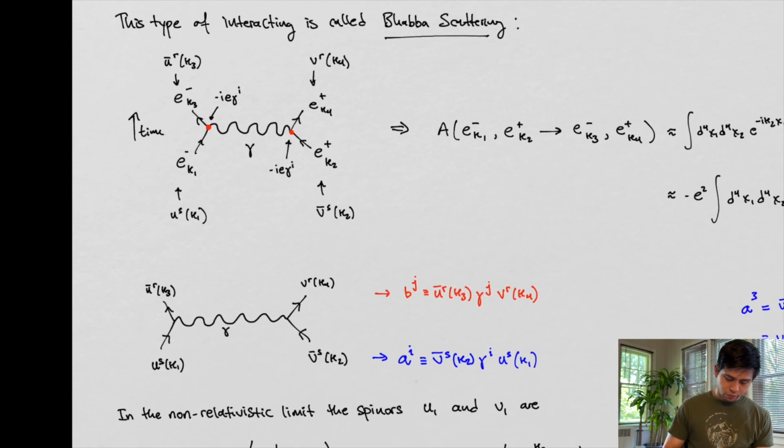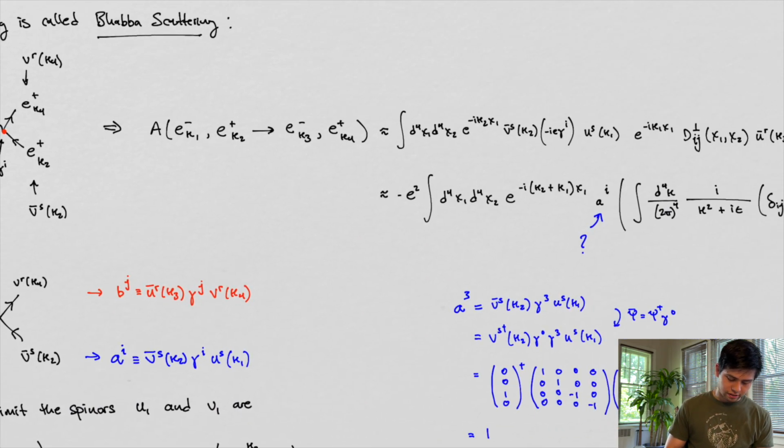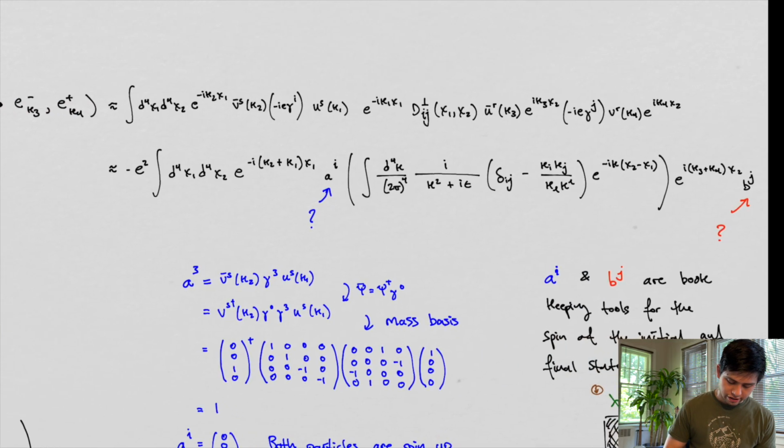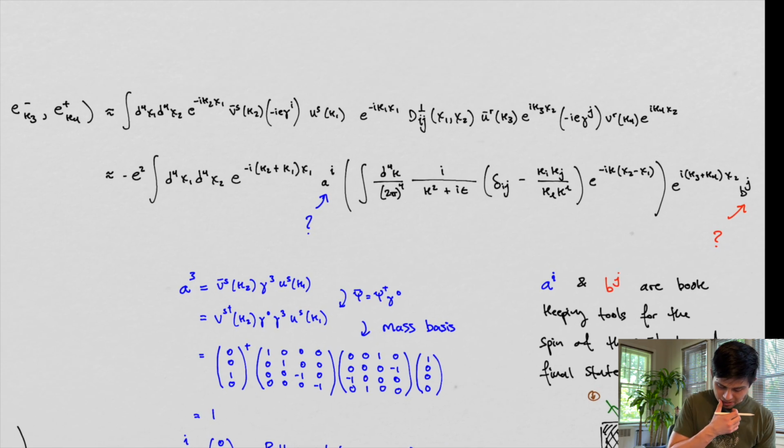All right, so what does our scattering look like in this case? So our scattering is going to look like this. So we have electron-positron evolve into an electron and a positron, and we can put everything in our integral now. All right, so according to our Feynman rules, we have our initial state, right?